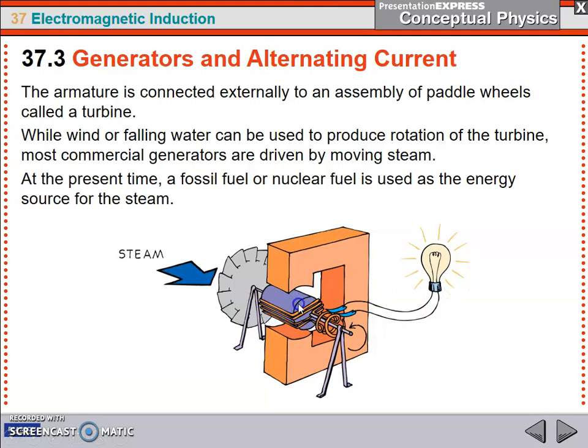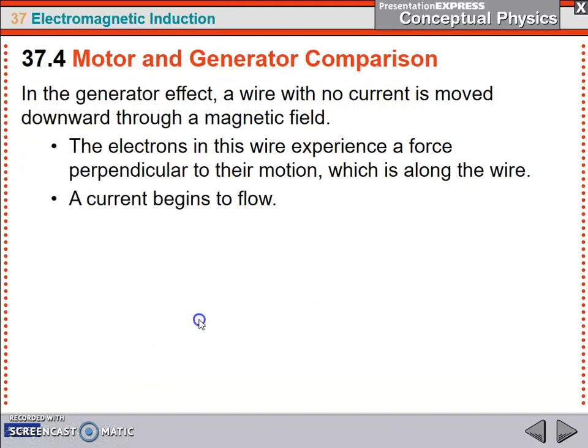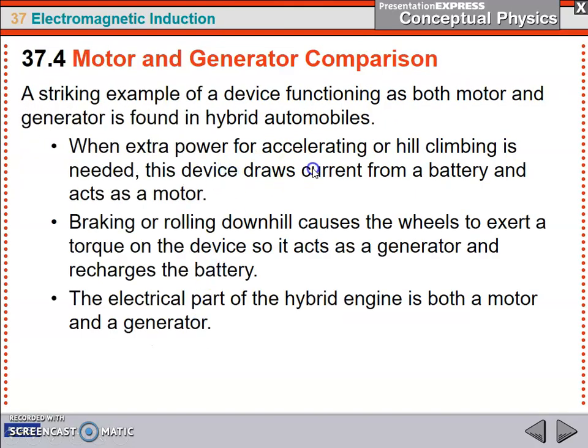So as this is spinning and making electricity, well, that's slowing down the wheel. So the wheel that's turning starts to get slowed down because the energy from the wheel is going into here and coming out as electricity. So sometimes in the hybrid, the device functions as a motor, and sometimes it functions as a generator.